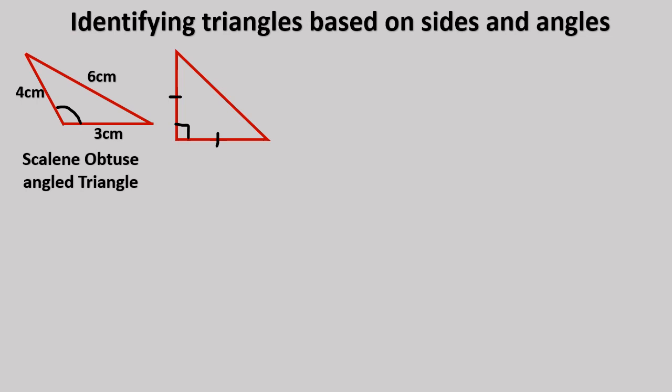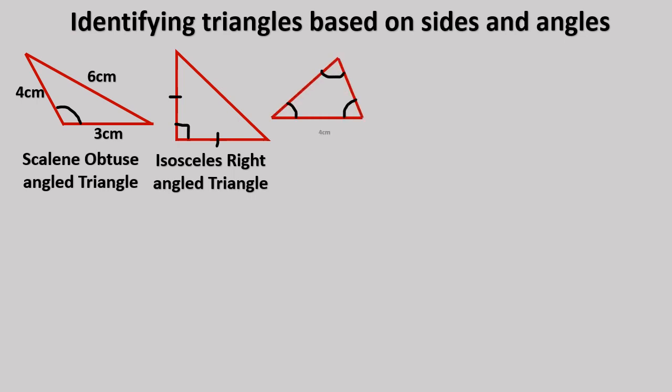The base and height are equal. So what can we call it? Yes, it is an isosceles right angled triangle. And this is an acute angle triangle, but all the sides are different. So it's a scalene acute angled triangle.